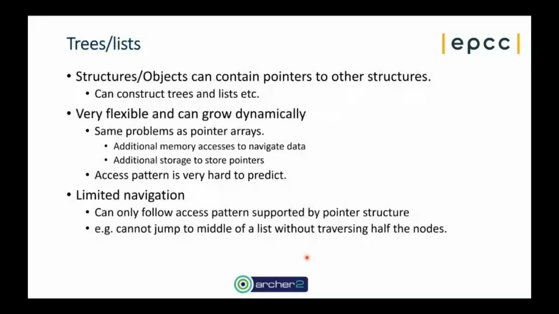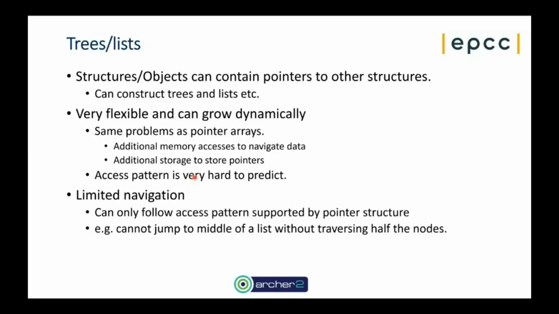And then if we go beyond this, we've got things like trees and lists, which can be very nice ways of storing data because you can grow and shrink these structures. You don't have to create one big array at the beginning of a program. You can create an array of linked lists and add new elements when they come up, and that can be a very nice programming approach.